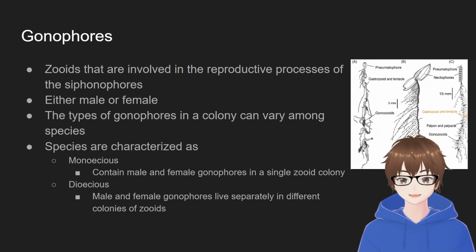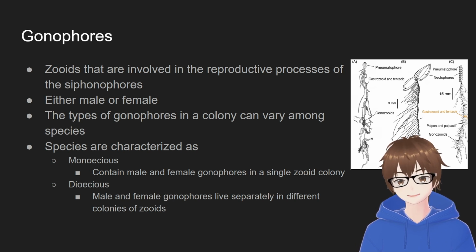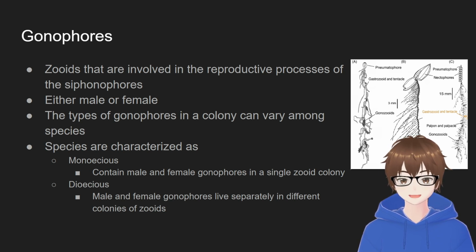Some species are characterized by being monoecious, which means they contain male and female Gonopores in a single colony, so they can fertilize themselves. Whereas some are dioecious, where male and female Gonopores live separately in different colonies of zooids. So then they actually have to kind of find each other so they can reproduce.